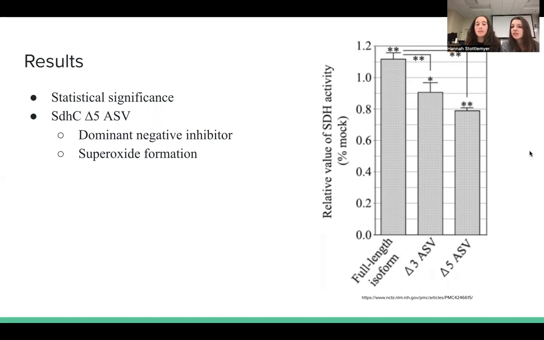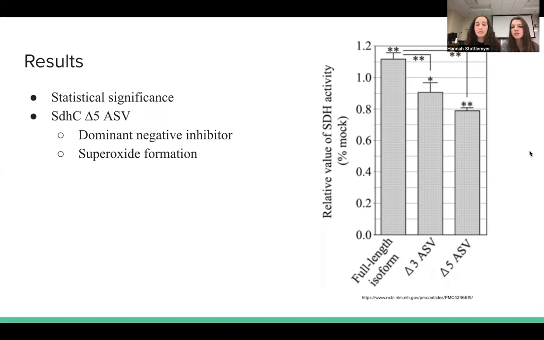And so the asterisks that are directly on top of those 3 bar graphs are in reference to p-values, specifically to the normal cells. If there's 1 asterisk above that bar graph, that means that there's a p-value of less than 0.05. And if there's 2 asterisks, that indicates a p-value of less than 0.01, both of which are statistically significant, but a p-value of 0.01 is even more statistically significant.